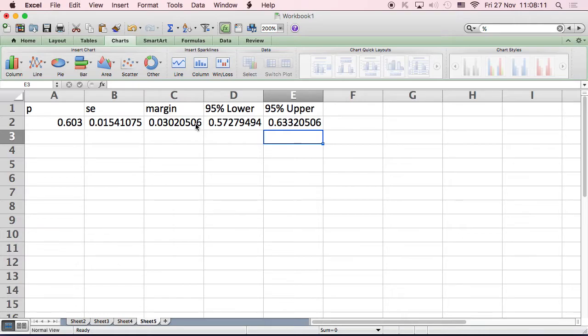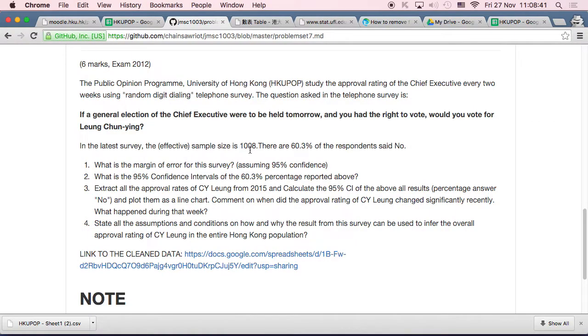We are 95% confident that 57 to 63% of the Hong Kong population will not vote for CY Leung. It actually means that more than half of the people in Hong Kong dislike CY Leung. That one is still easy.